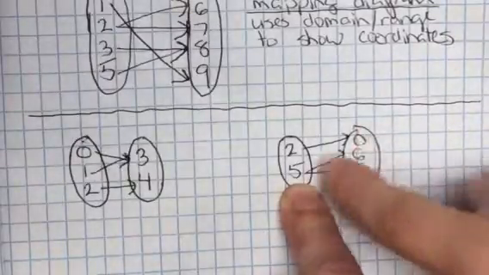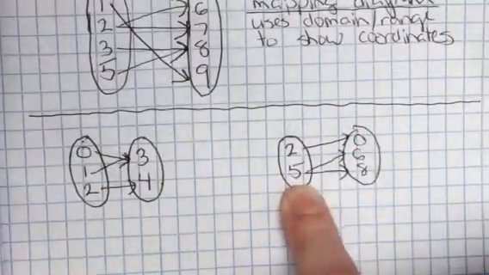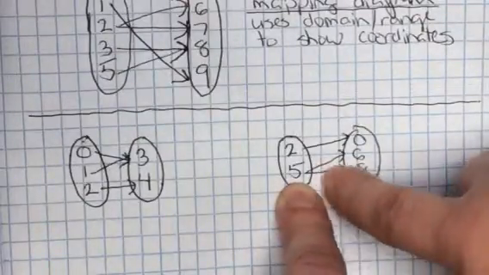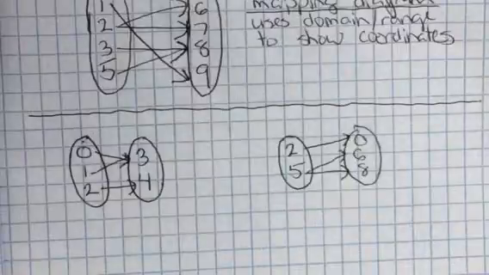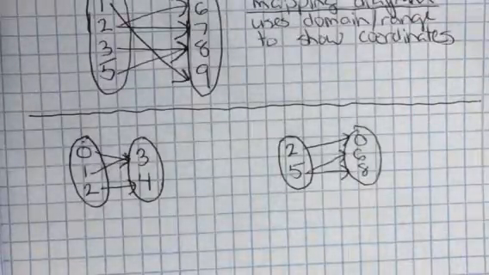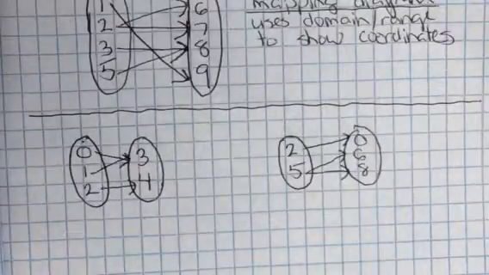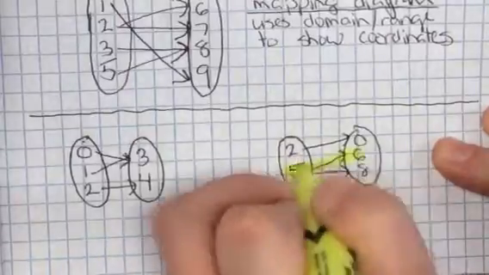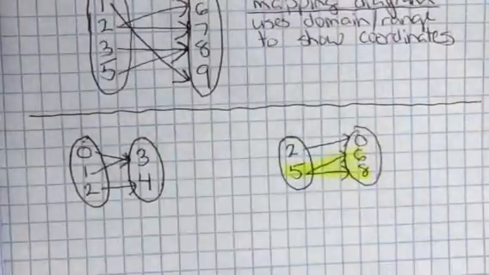Yeah, so if you send out an input and you're supposed to get an answer back, this makes a problem because if I give you a 5, well, do I give back a 6 or do I give back an 8? I don't know which one because it goes 2 places, right? So right here, I have a problem because I don't know which answer to give back for that.